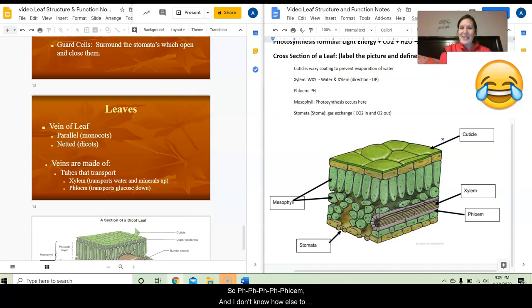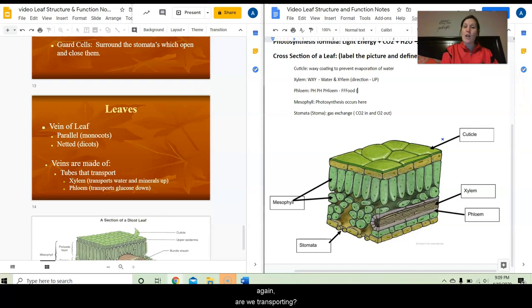All right, so phloem, and I don't know how else to put that. Phloem is gonna go with food, okay? And so that's how you can remember. Phloem goes with food. All right. So what food again are we transporting? Well, we're transporting glucose. So your xylem transports water.